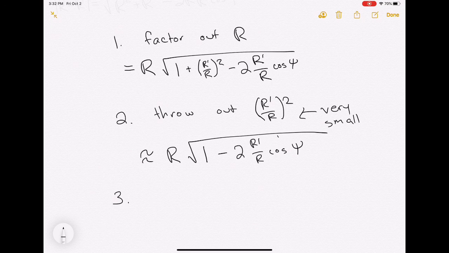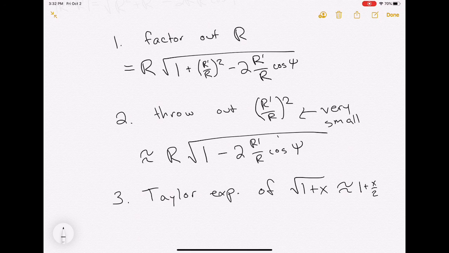Step 3, we look at the Taylor expansion of square root of 1 plus x, which equals 1 plus x over 2 plus some other terms in higher orders of x.